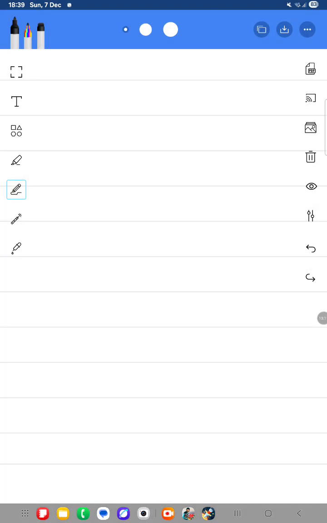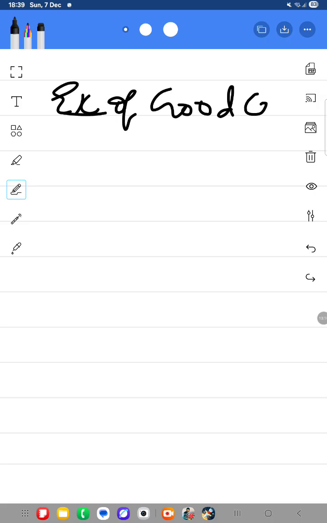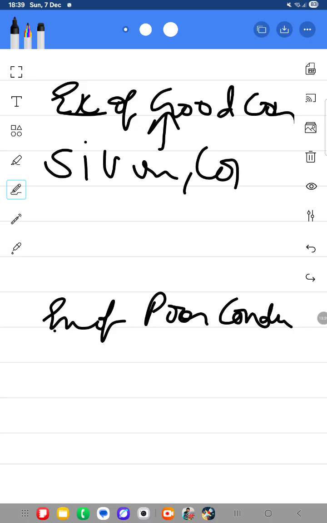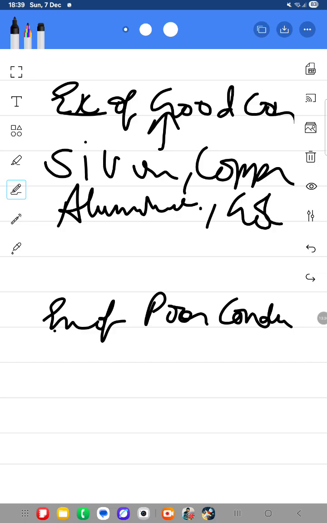So we can say that examples of good conductors and example of poor conductors conduct some electricity. Example of good conductors, you can say silver, copper, aluminium and gold.